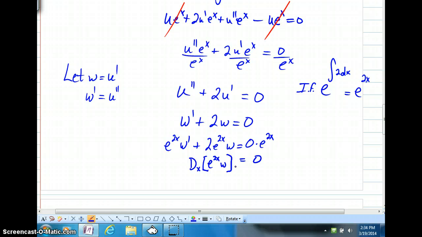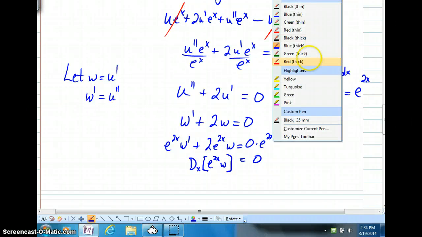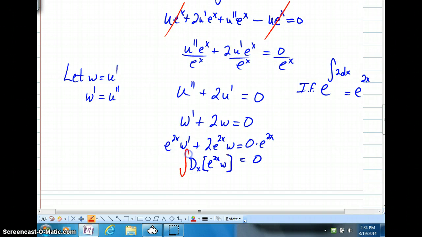And wow, right now we are so close to wrapping up. Hopefully you look at that, you could say, couldn't I just integrate both sides? Integrate the left side, integrate the right side? Yep, certainly could. Hey, what's the integral of 0? A constant, you got it. And over here we've got e to the 2x times w.